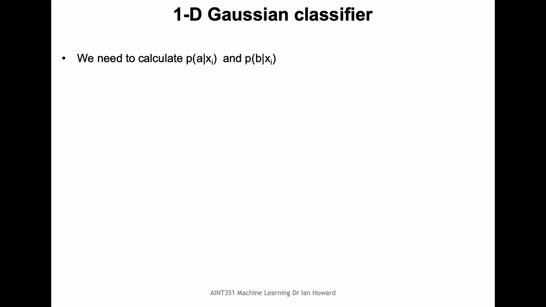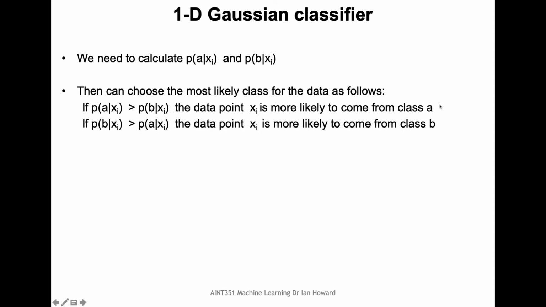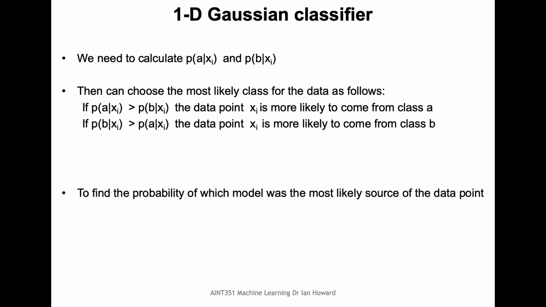Then we choose the class with the largest probability as the class corresponding to the measurements. If the probability of A given the data is bigger than the probability of B given the data, then it's more likely that the data came from class A. And if the probability of B given the data is greater, it's more likely that this data sample came from class B.